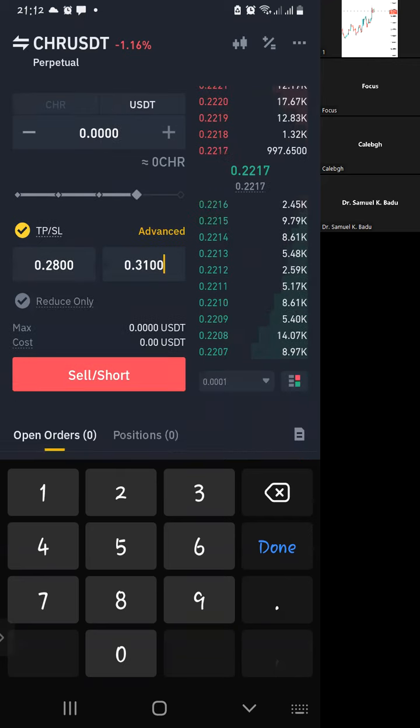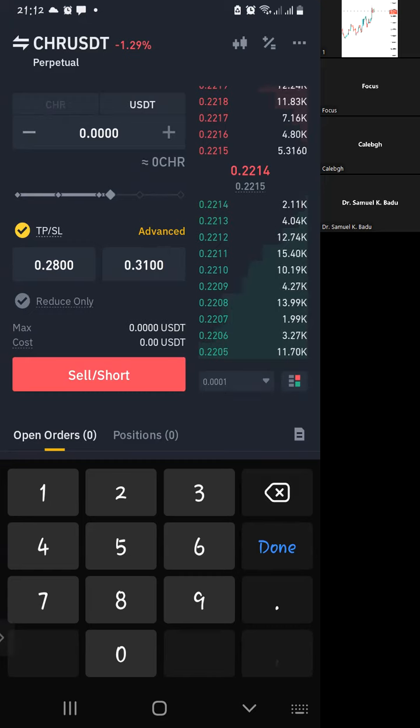Below where I entered the stop loss and the take profit amount, you see some things that they've written, max and cost. The max would have given me how much is the maximum I can trade up to based on my leverage amount. And as I use the sliding bar to determine how much of my available leverage I want to use, they'll indicate for me how much I'm using as collateral. So that is how you set it up.